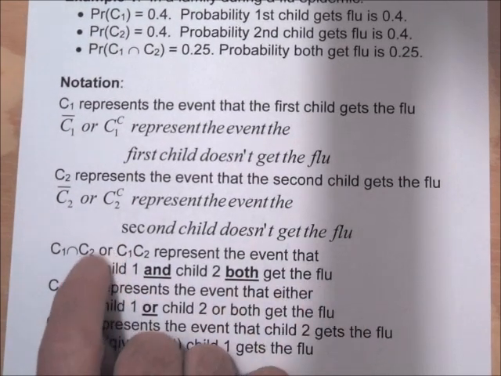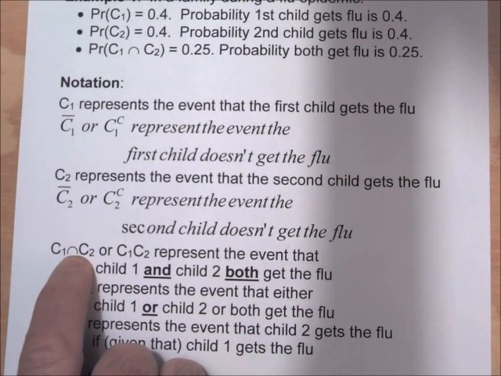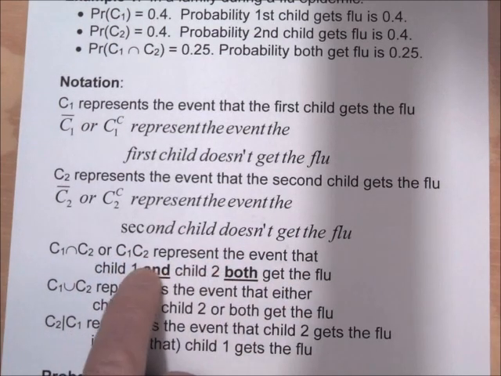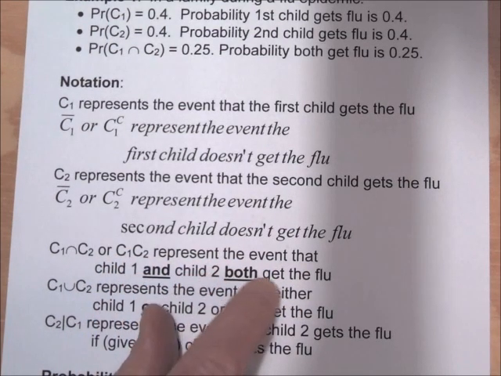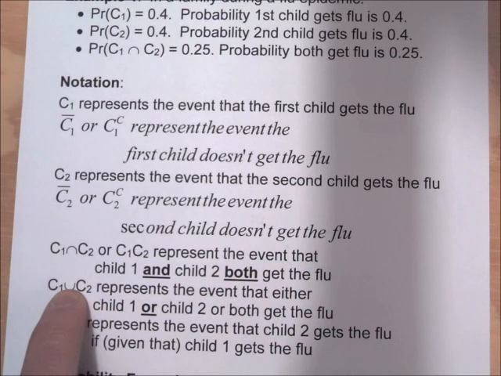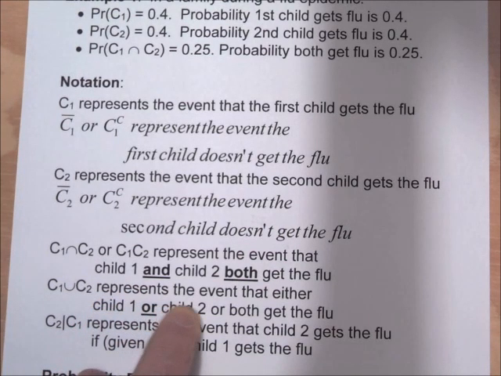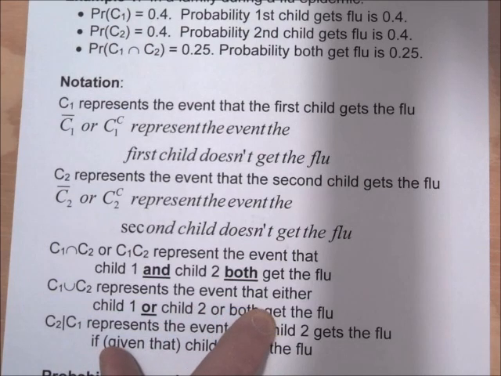This is the intersection symbol here. You can think of it as "and." C1 and C2, also written C1, C2 without any symbol in between, represents the event that child 1 and child 2 both get the flu. This symbol here is a union symbol. You can think of it as "or." C1 union C2 represents the event that the first child gets the flu, or the second child gets the flu, or both get the flu.